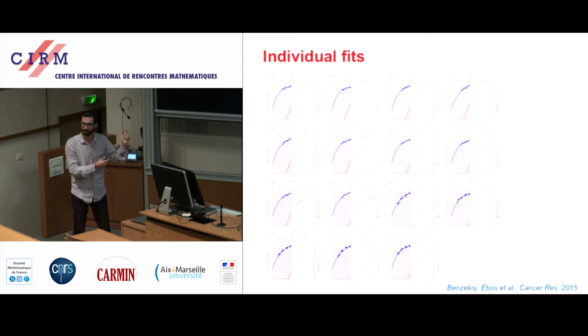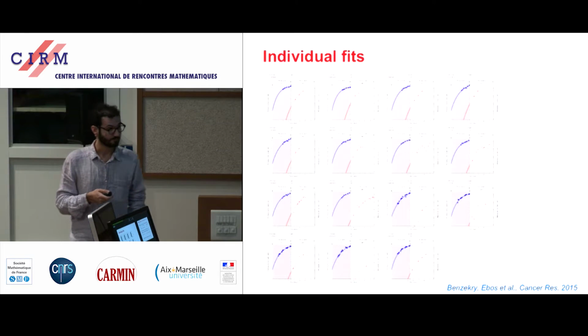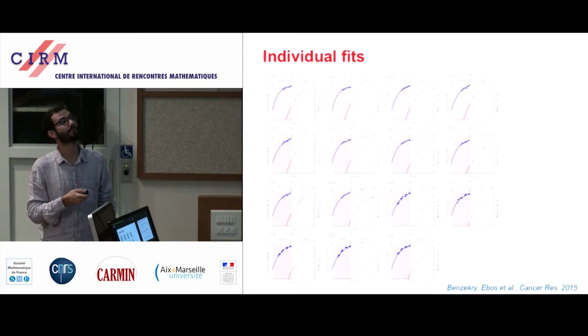I will describe them a bit later, but believe me, with some growth terms that will be specified later, we are able to have these individual fits. I don't remember how many mice in this group, but it should be 12, 15 mice, and we fit quite well the individual dynamics of metastatic development.